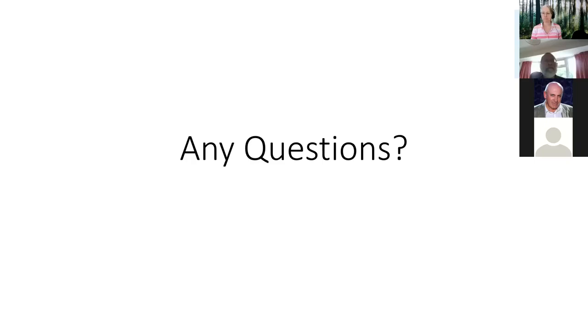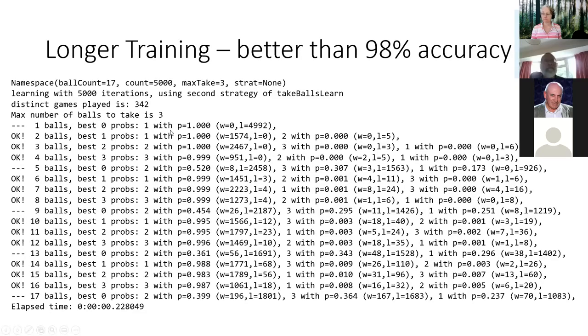One of the things you'll see about the way the system behaves, if I go back to the previous slide, is that early on in the process I decided to see how many distinct games the system played, because it's quite easy to assign a tag to every game that you play.